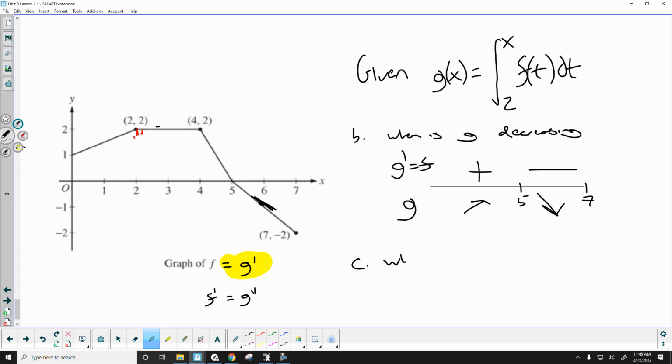What is the absolute minimum value of G?